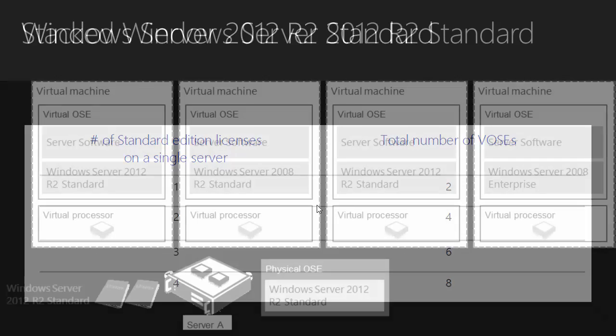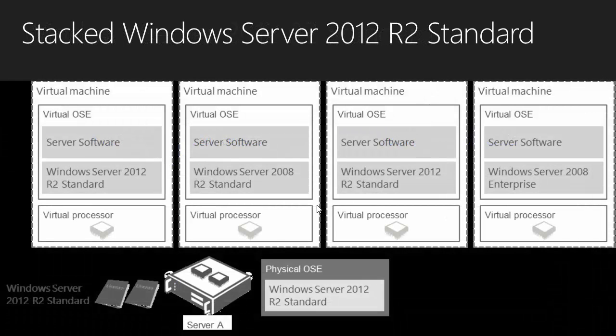Now, if we take a look at the stacked Windows Server here, if we take a look at the licensing implications of the bottom of the diagram, where we see the 2 Windows Server licenses running on a dual proc server, then we can see here that we've got 4 VMs. So the 2 licenses times 2 VOSEs each, that gives us 4, and the customer is compliant here.